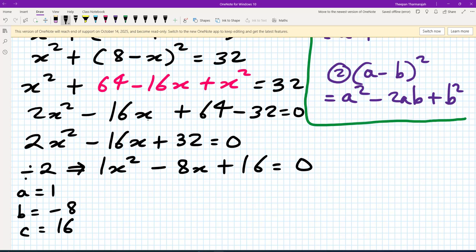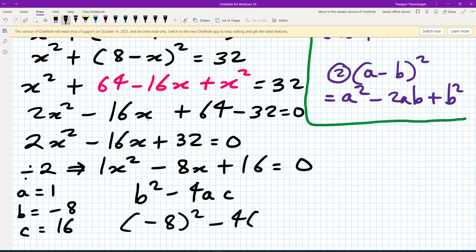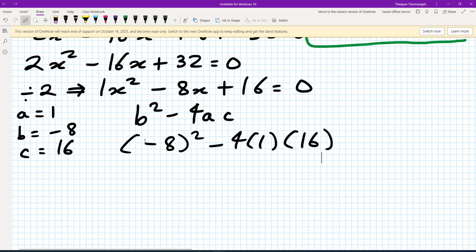So now we have to use the discriminant here. So we're going to say b squared minus 4ac. So that's going to be (minus 8) all squared minus 4 times 1 times 16. So we're going to get 64 minus 64, and that's exactly 0.